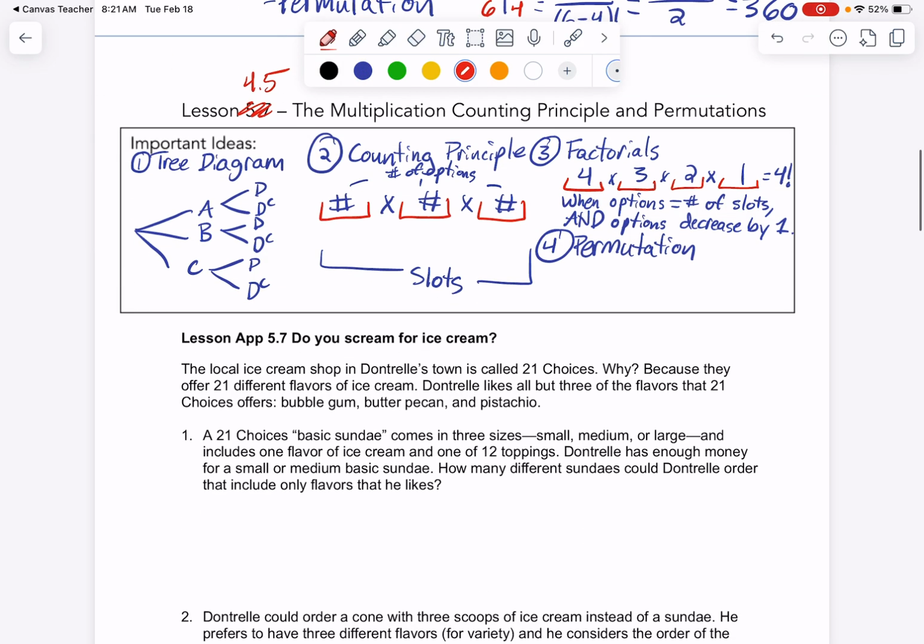So the permutation, I'd say it's the easier to understand out of the two, the permutation versus the combination. But that's when we just have a lower number of slots than the number of options. So less slots than options.